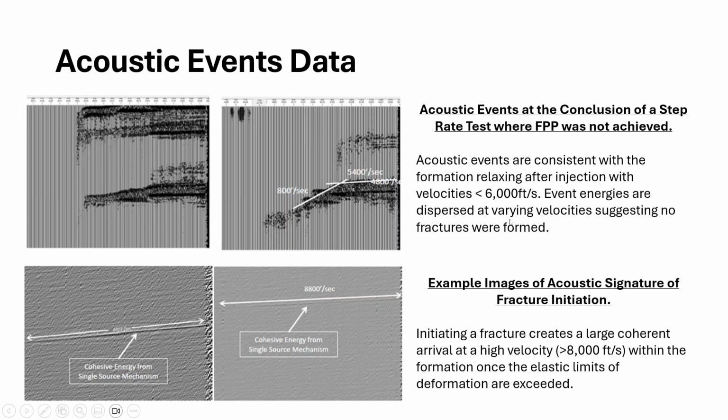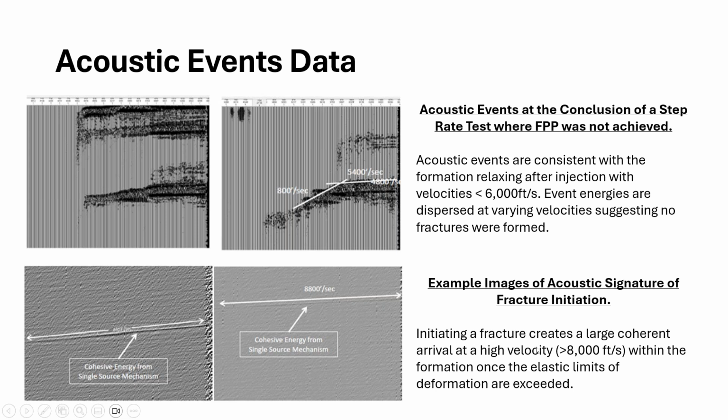Whereas this is a test taken from a well that has been fractured. This image shows that the striking black line here is the acoustic signal occurring. It's cohesive, it's coming from a single source, and it is greater than 8,000 feet per second, whereas these are slow and there is no distinction between them, as the fracture has not initiated at this well, and a fracture was intended to initiate in this well.